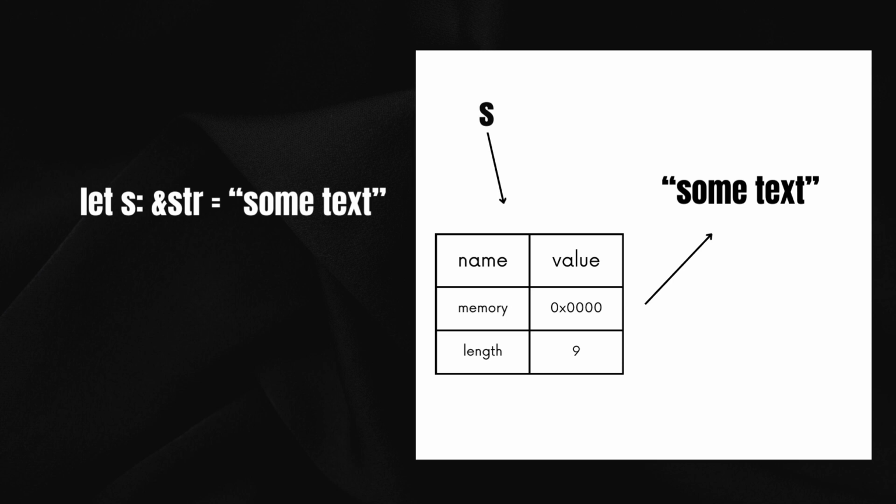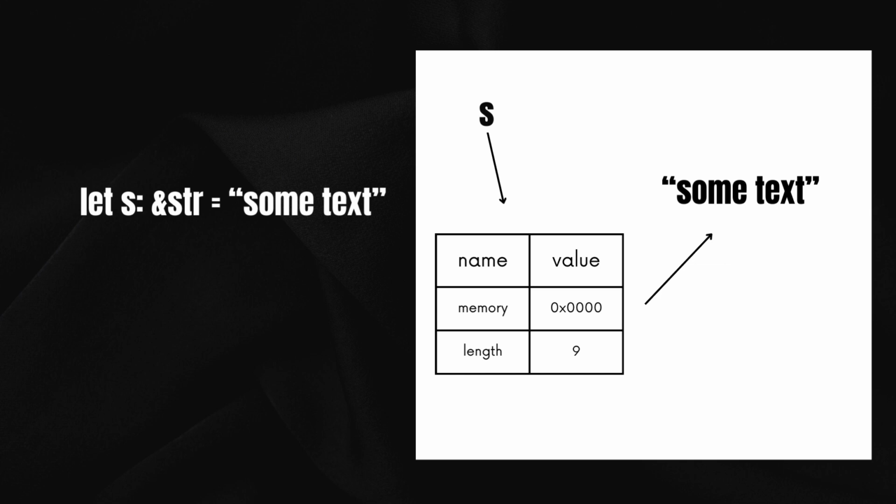Since a string reference is borrowed, it does not need to worry about memory deallocation. Its lifetime is tied to the data it borrows. When the original String is dropped, any string reference becomes invalid. This ensures that dangling references, which are a common source of bugs in other languages, are prevented.